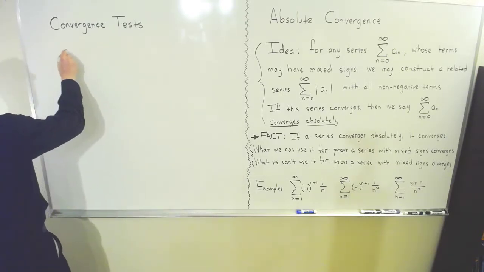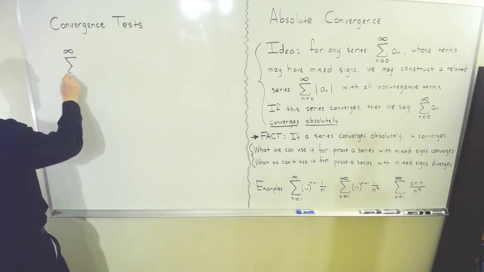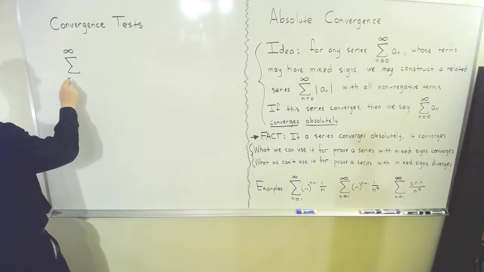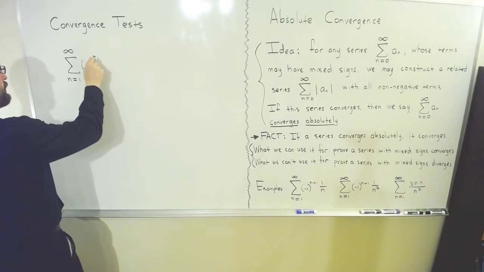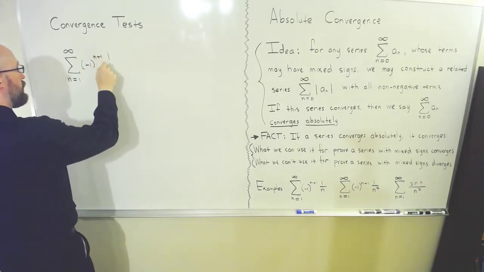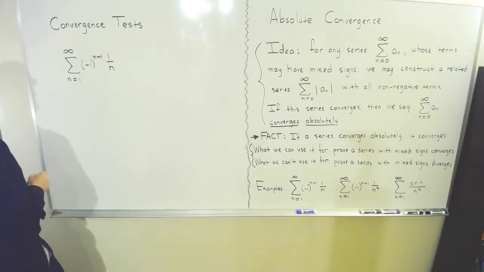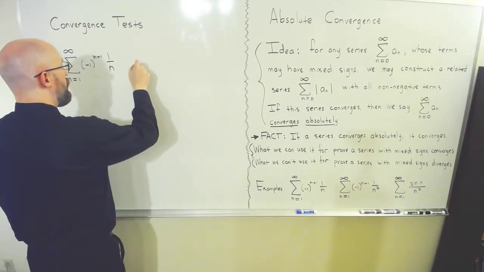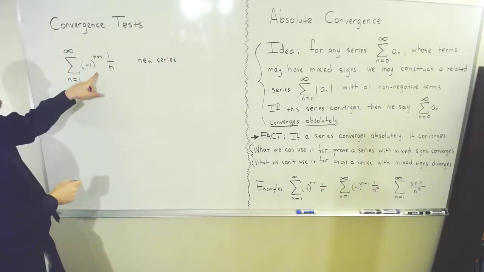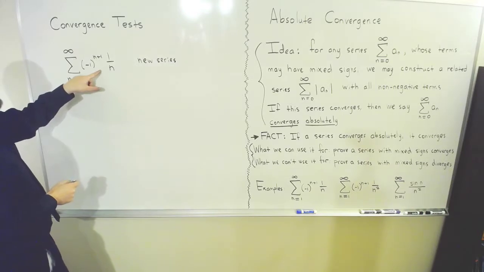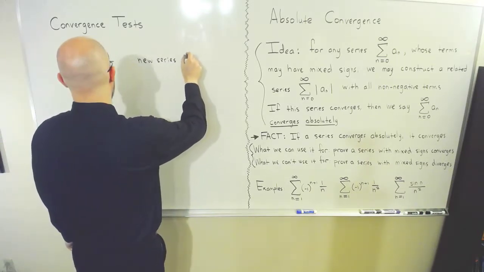So this first one is the harmonic series except with alternating signs. Alternating harmonic series. Now, the new series with the absolute values of the terms here is simply the harmonic series itself.